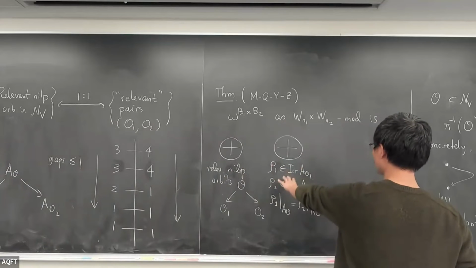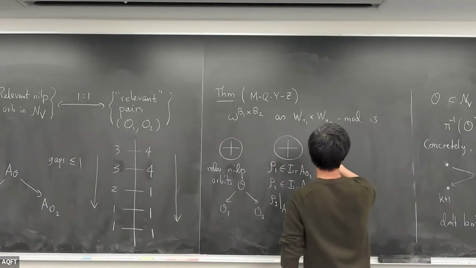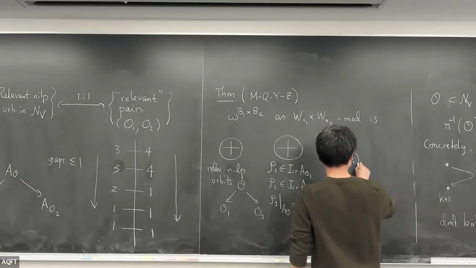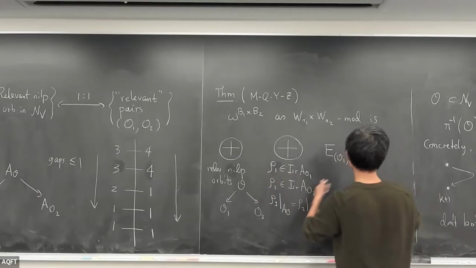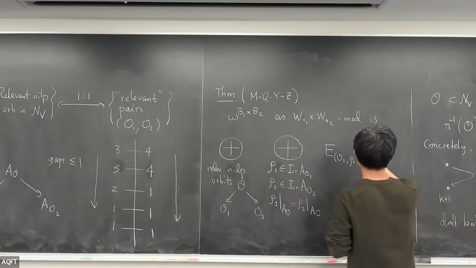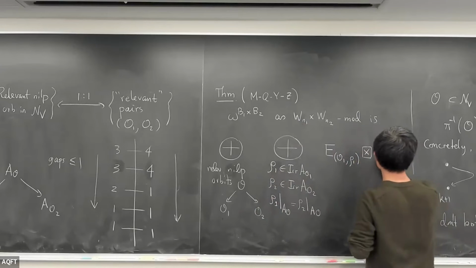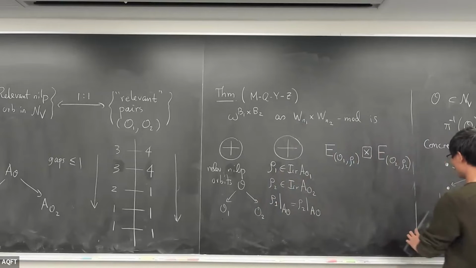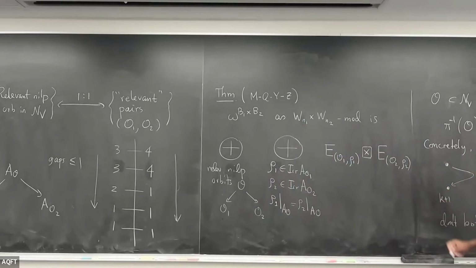Okay, so I have this data, and then the result is just whatever Springer assigns to this pair, (O1, rho1). So that's an irreducible representation of the first Weyl group, similarly for the second. That's the statement.